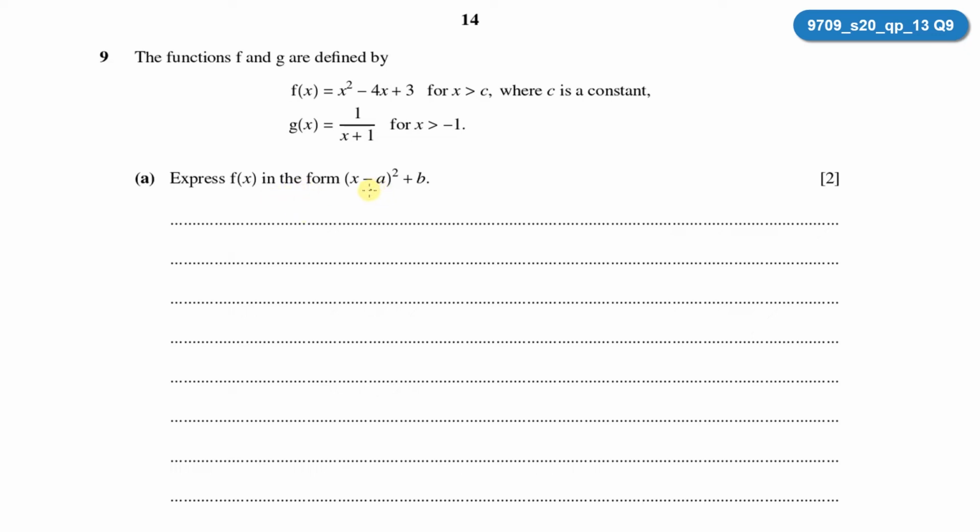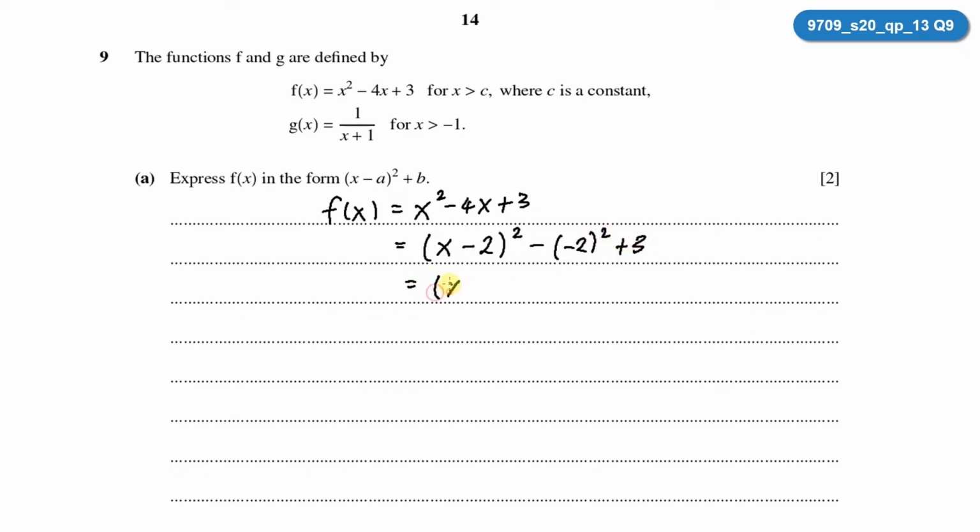So here, what is required is for us to complete the square. We have f of x here as x squared minus 4x plus 3. And to complete the square, I'll use x squared minus 4x. So here I'll take x minus half the coefficient of x, so that will be minus 2 squared, and then minus of minus 2 squared, and that's plus 3.